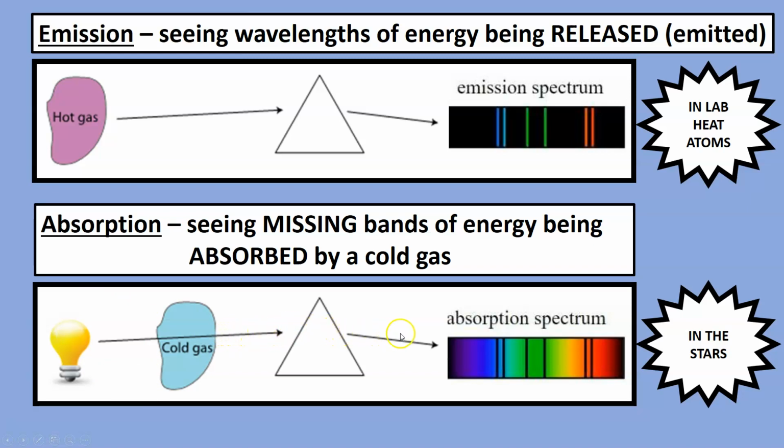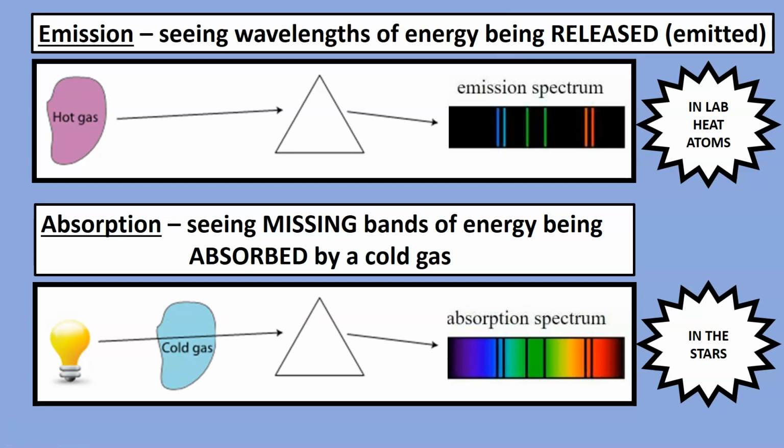It comes through the prism, and instead of seeing colorful lines, we see a general color band spectrum, like a big rainbow, and black lines showing up. The black lines are the wavelengths the cold gas absorbed. So it's like the reverse of the emission spectra; they're opposites. This is what's getting sent out, and this is what the cold gas is absorbing. Either way, we can get the same exact information.